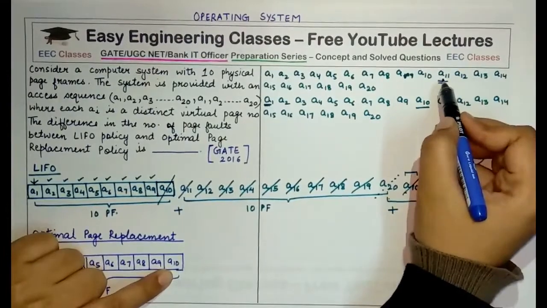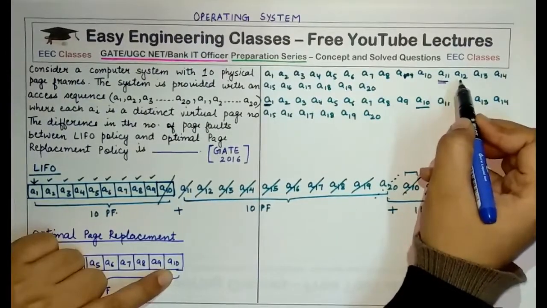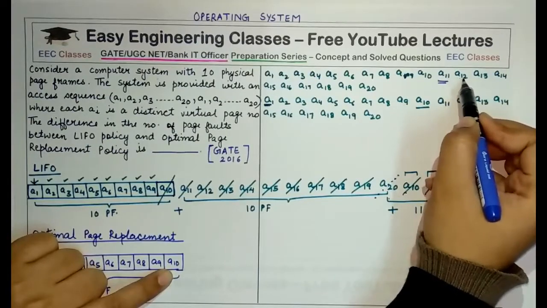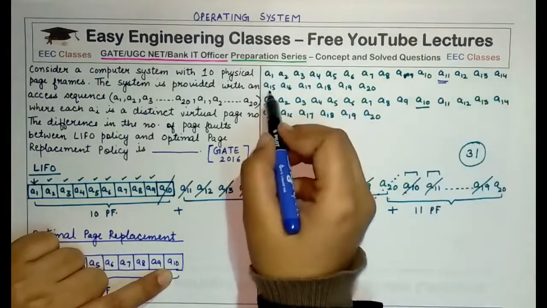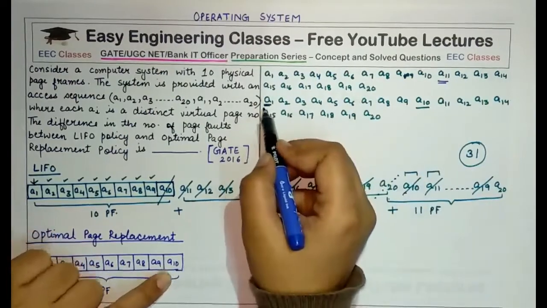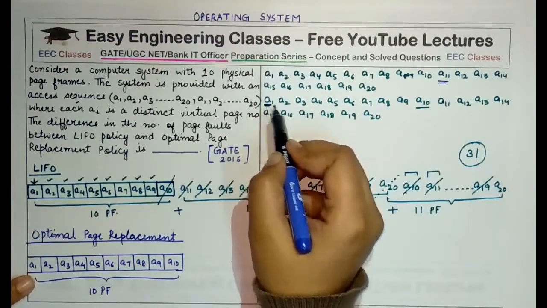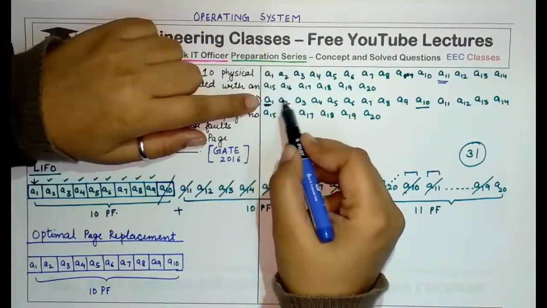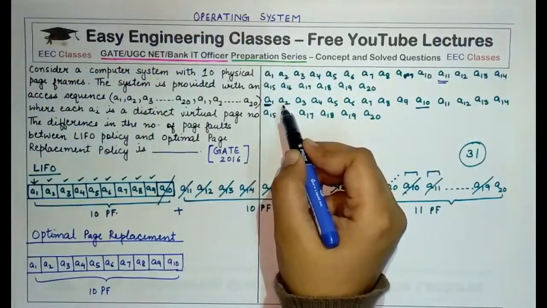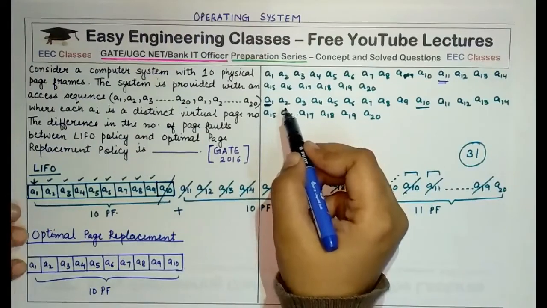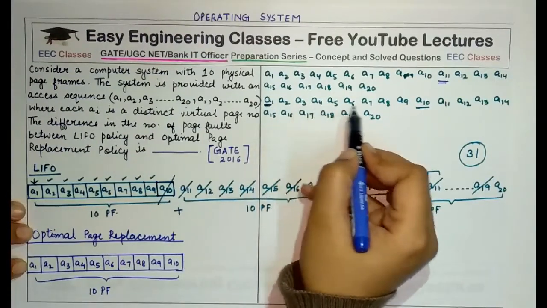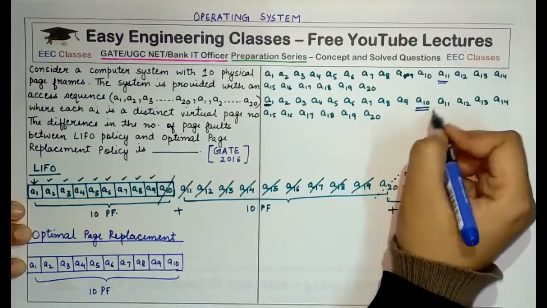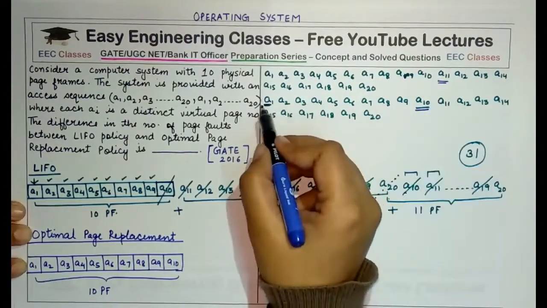If I start seeing to the right of A11, that is the future requirement of pages, I come to see A12, A13, A14 till A20, and then I see A1. A1 is present, but A2 would be required at a farther time than A1, then A3, then A4, and I see that A10 is the page that would be required after all these pages.